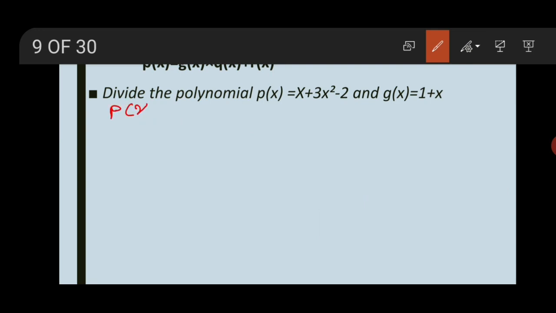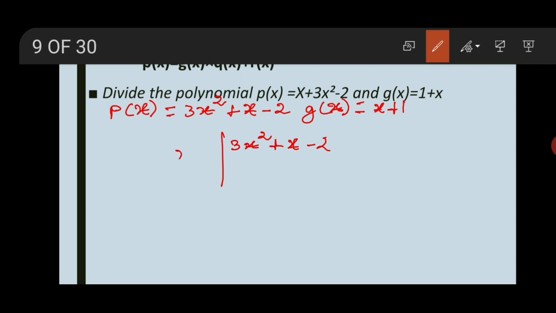Now, I will solve this problem. See, divide p of x by g of x. P of x is given. It is not in the standard form. Write it down in the standard form: 3x square plus x minus 2. And g of x is also not in the standard form. Write it down in the standard form. Now divide 3x square plus x minus 2 by x plus 1.